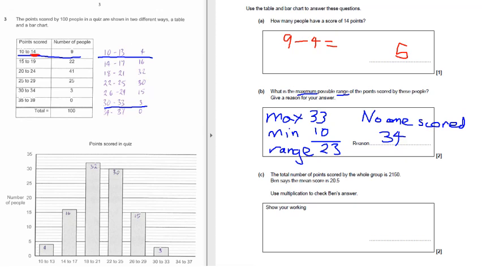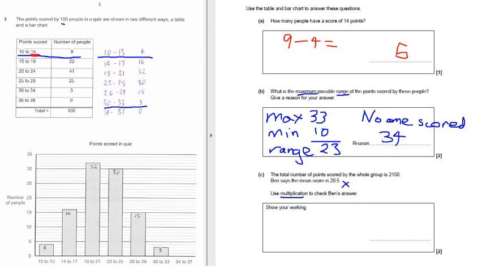Total number of points scored by the whole group is 2150. Ben says the mean score is 20.5. Use multiplication to check Ben. Okay, so it's telling me what to do there. So how many people is there? There's 100.